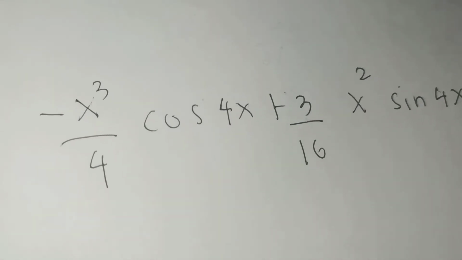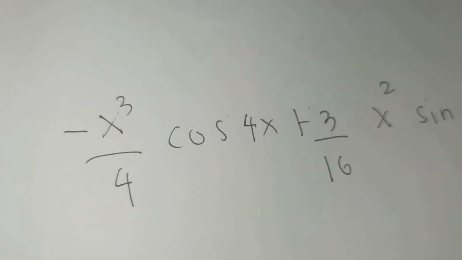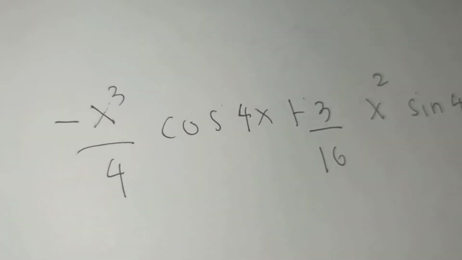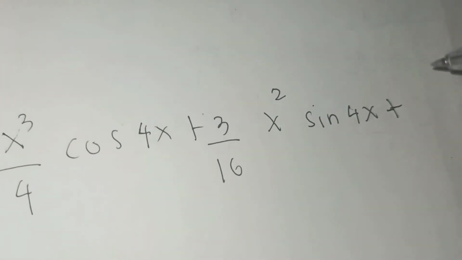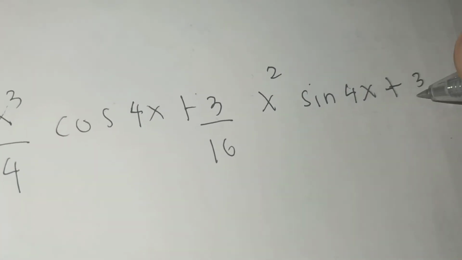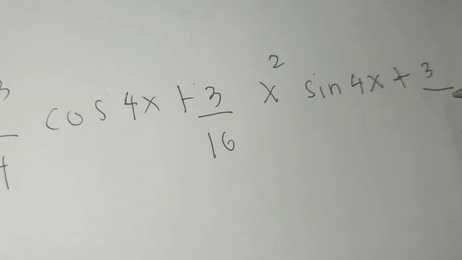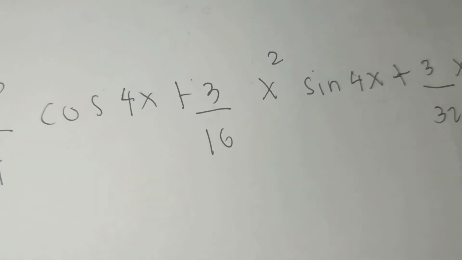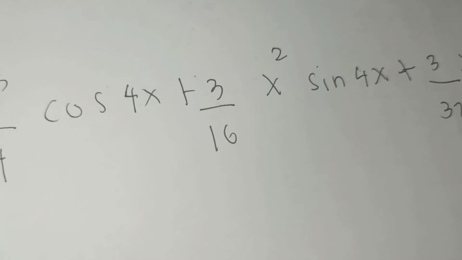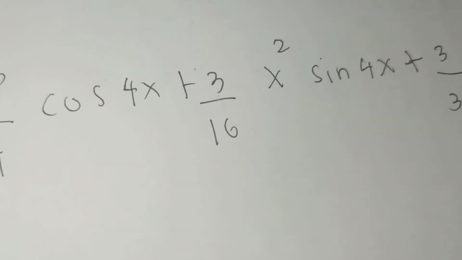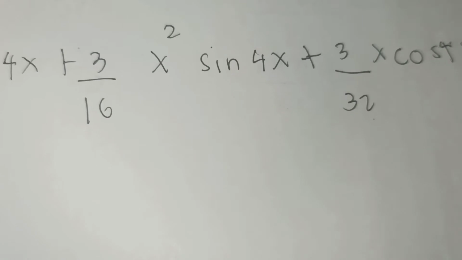And now we have after that just plus 3 over 32 x cosine 4x.